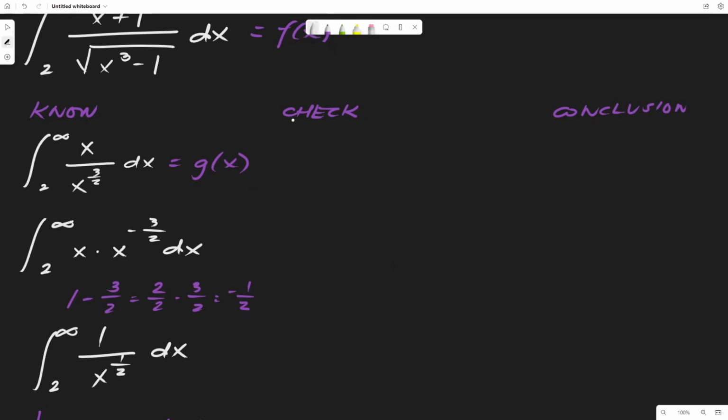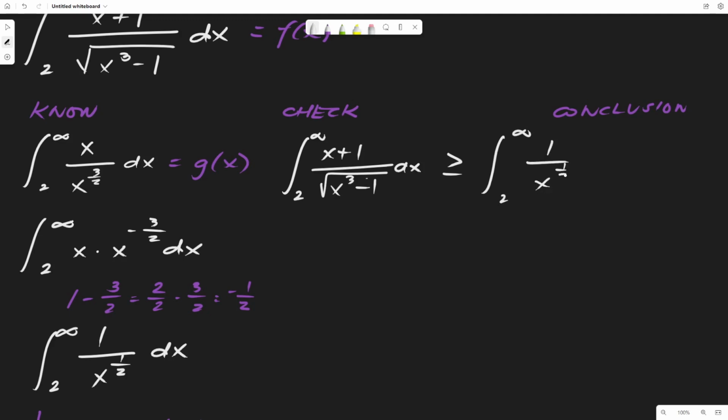So, we have (x + 1) over the square root of (x cubed minus 1) from 2 to infinity. It is always greater than or equal to what we got, which is 1 over x raised to 1 half dx.